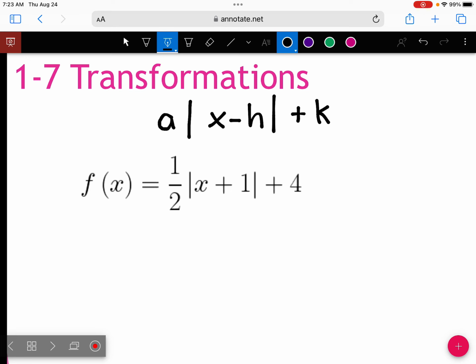And we are going to find A, H, and K, and describe the transformations. So we start with just playing match 'em up. We want to identify A, H, and K.